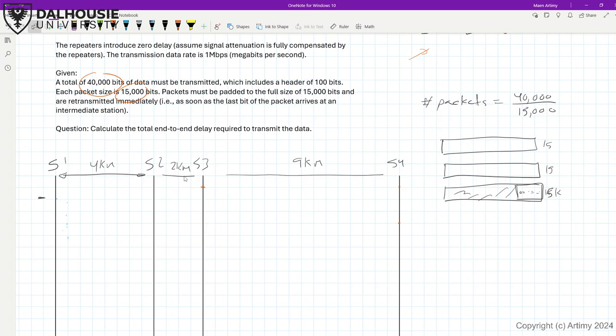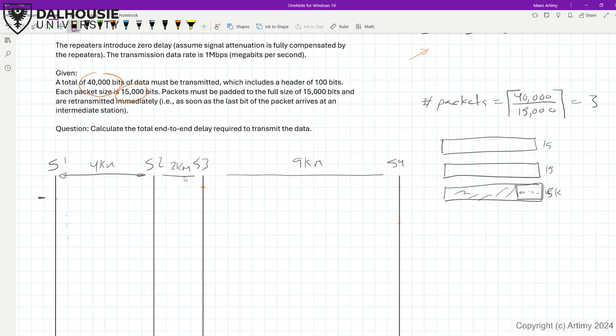So the number of packets, regardless of the content, is 3. This is equivalent to taking the ceiling of this number, or rounding up to the nearest integer. Okay, so that's the number of packets.